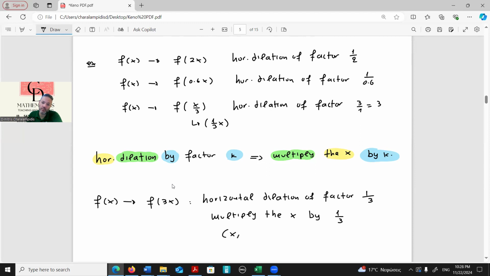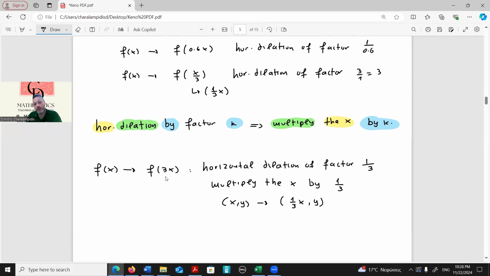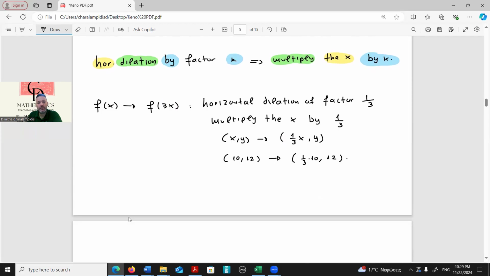So the random point with coordinates x, y will move to 1/3 x, y, which also means that, for instance, if we had the point with coordinates 10, 12, that would have moved to 1/3 times 10, 12.